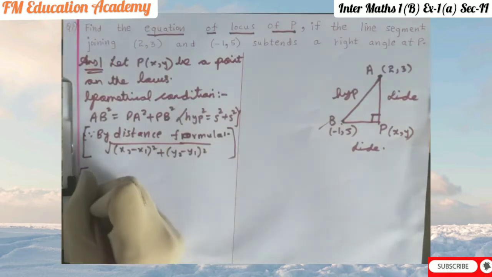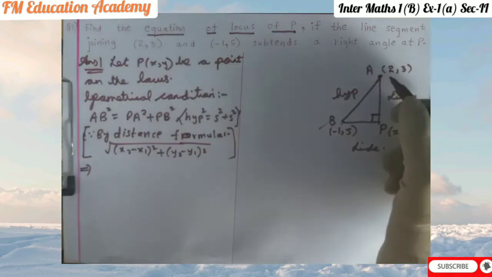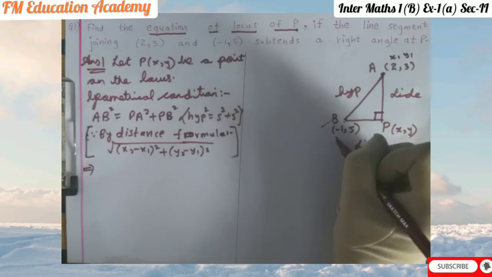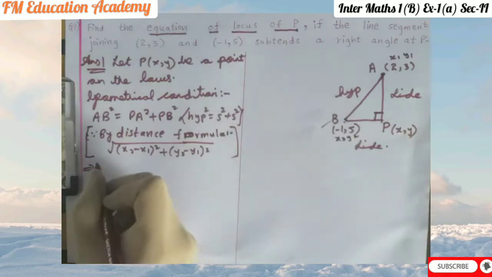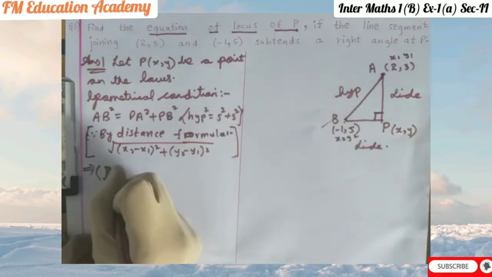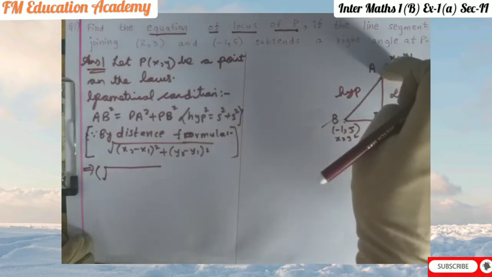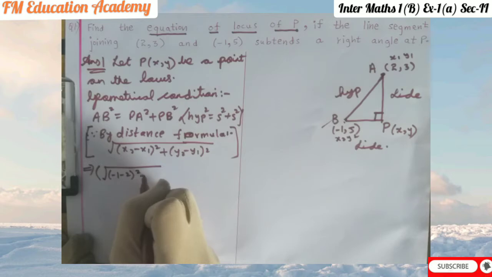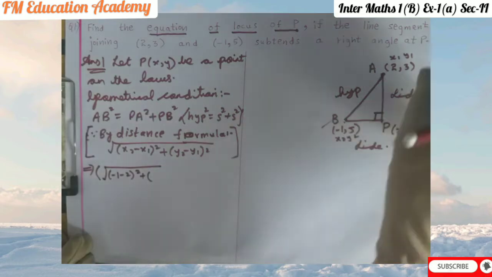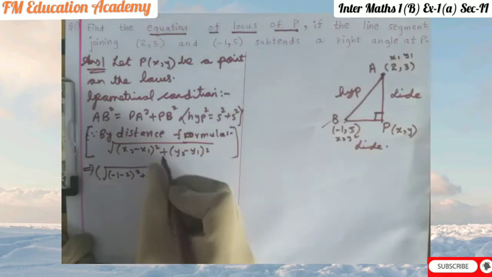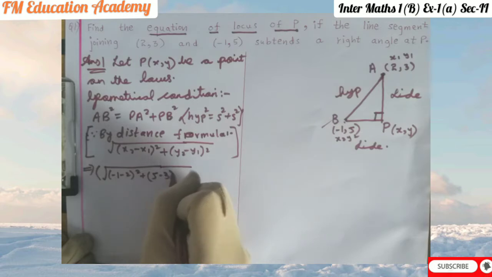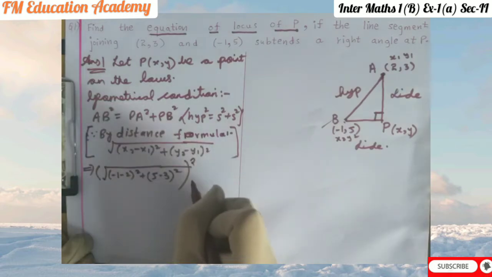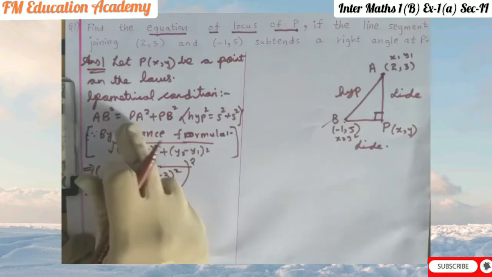So first let us find AB. What is AB here? A if we consider (x1, y1) here and B if we consider (x2, y2) here, AB will be root of (x2 minus x1), that is (-1 minus 2) whole square, plus (y2 minus y1), that is (5 minus 3) whole square, and also we have AB square, so whole square will come, plus PA square.